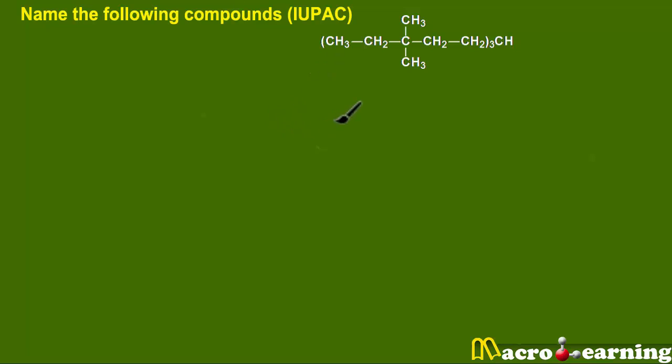Okay, so there's going to be quite a bit of redrawing here because they use this parenthesis type of structure. So let's redraw it. 2 CH3, CH2.